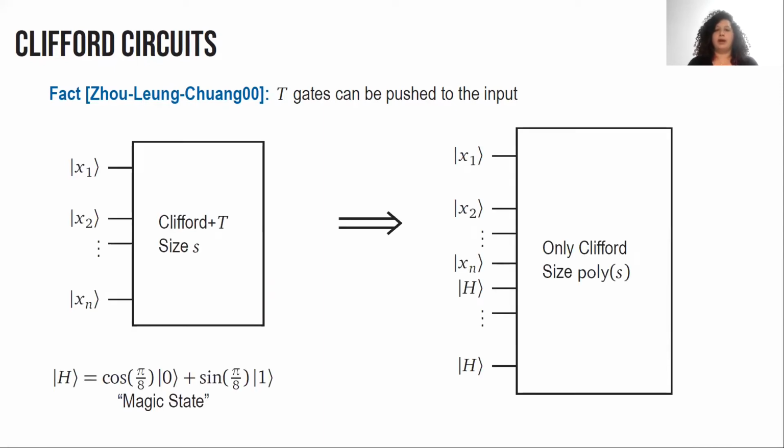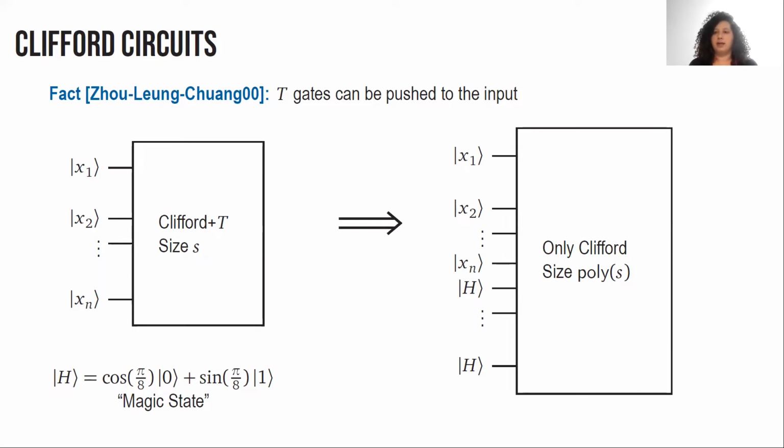So here, if you have circuits of size S that use both Clifford and T gates and get n qubits as input, you can replace it with a quantum circuit that uses only Clifford gates, and its size is polynomial in S, but as inputs, it gets all the n qubits as the previous circuit, but also an ample supply of a magic state we call H.